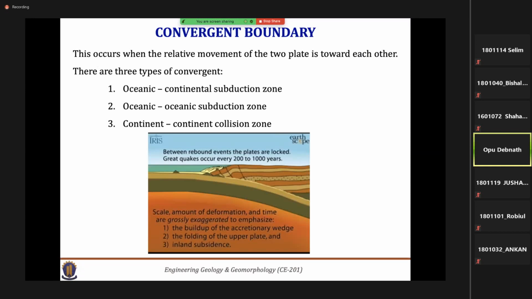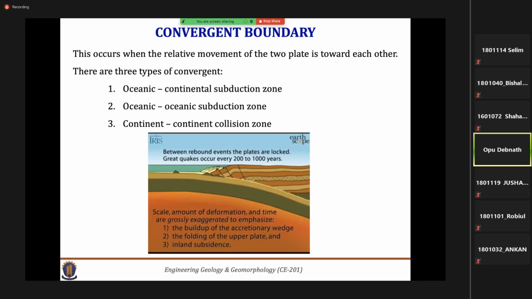That means this converging occurs at the boundary of two plates, both of which are oceanic plates. Okay. That means this subduction or plate convergence movement occurs beneath the sea water, at the ocean bed. The last one is the continent collision. That means both plates are continental plates, and the boundary line is along the Earth's surface.